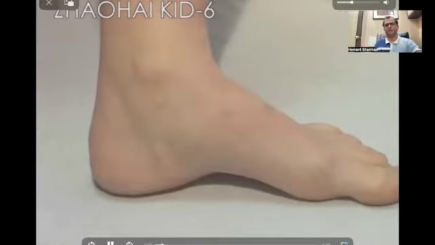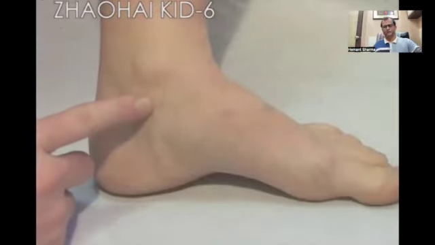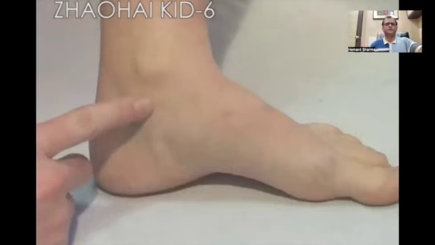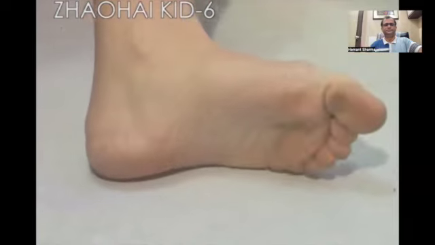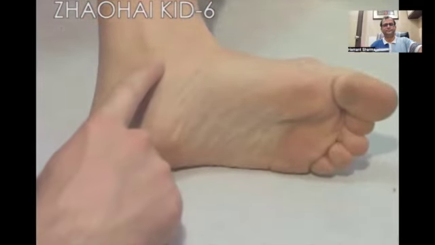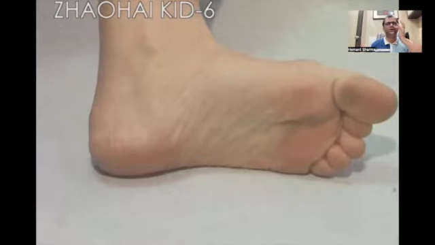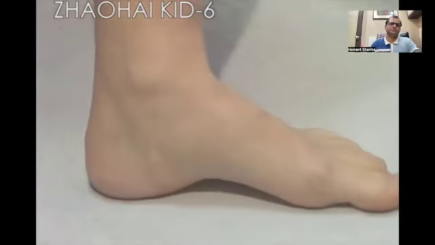I am repeating again. So we have seen the location of kidney 6 here. This is the kidney 6. This entire area is very important area for the person suffering with the piles, right?